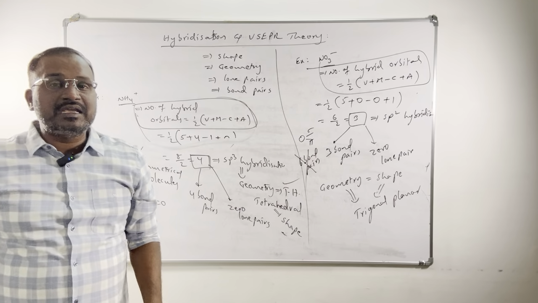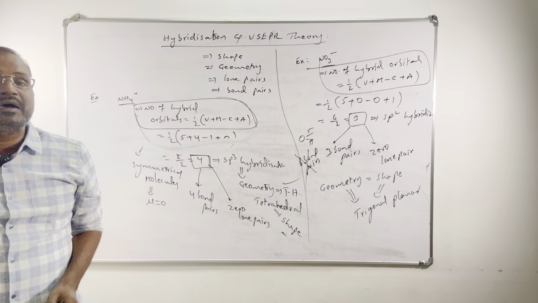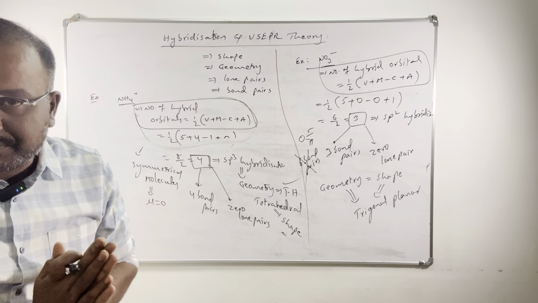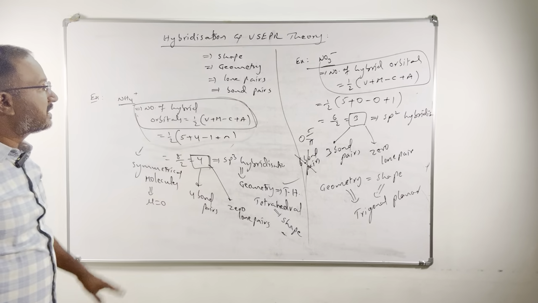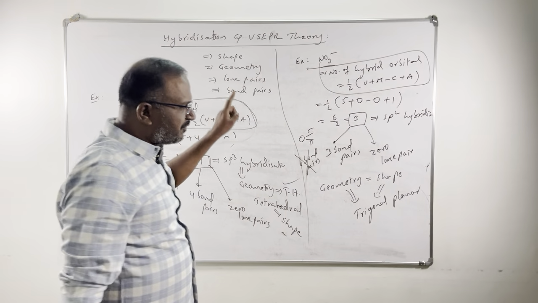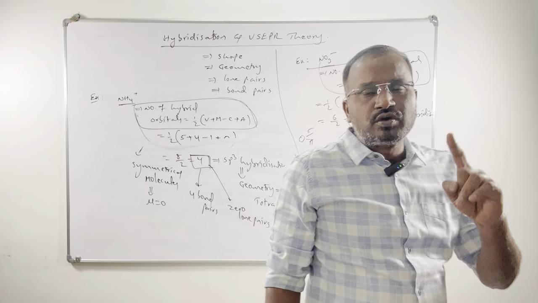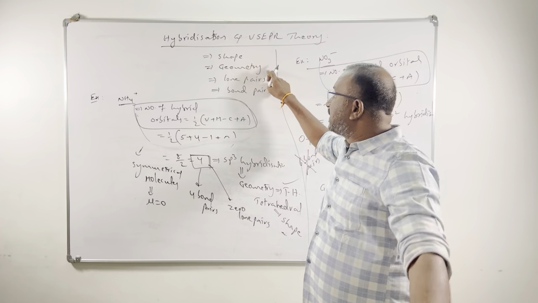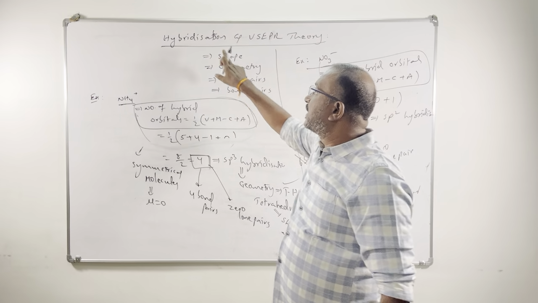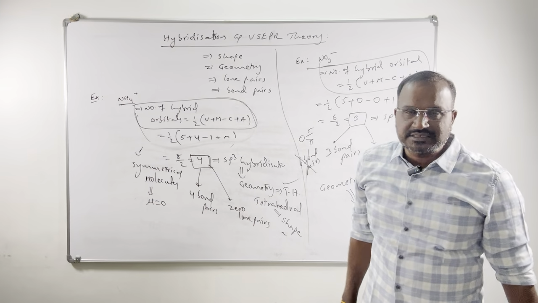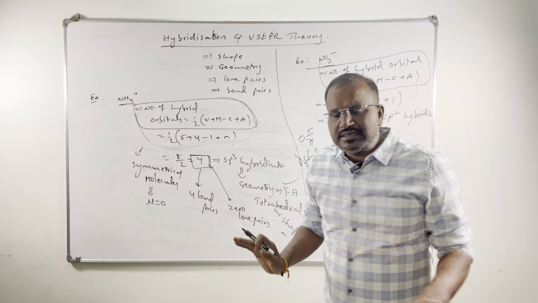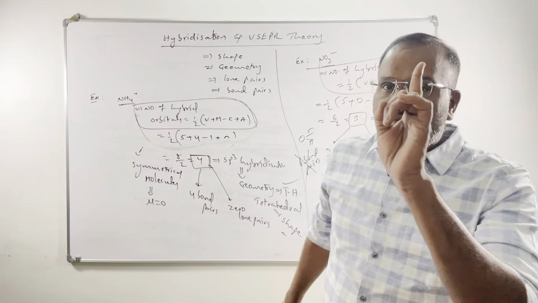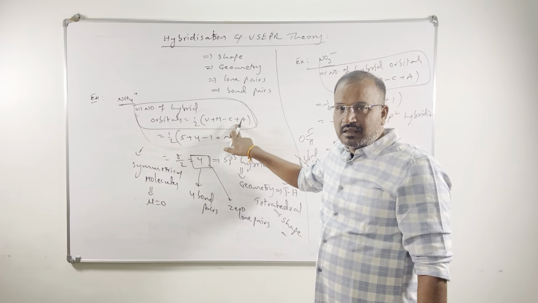If lone pairs are there, based on the number of lone pairs and bond pairs, the shape will be there. So this is VSEPR theory and these examples. By using this concept, you can write any example: shape, geometry, lone pairs, bond pairs, hybridization, and the VSEPR theory concept. All these things will be covered with just the formula.